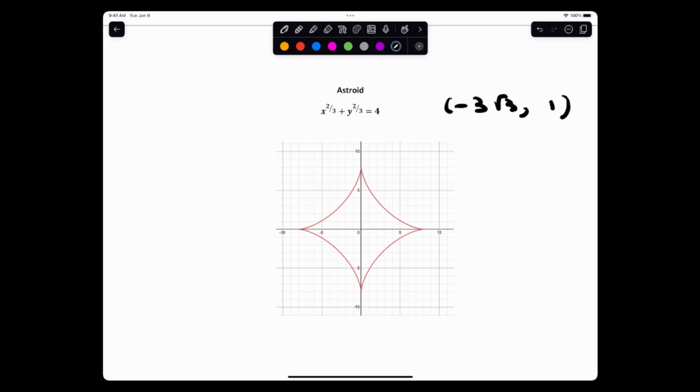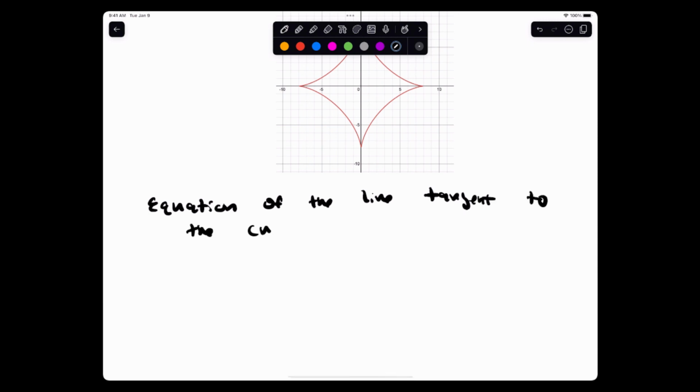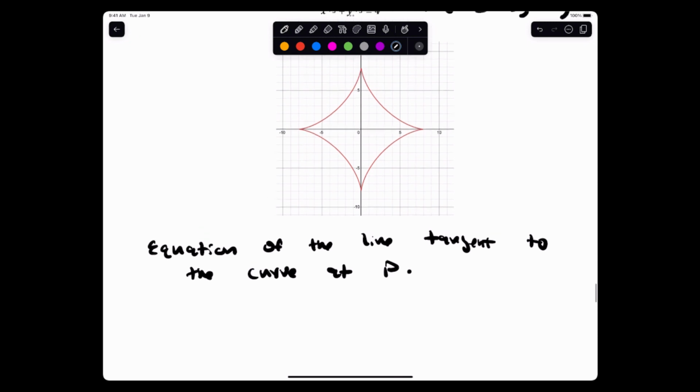In our book, they'll give you a point. Sometimes we call that P. And they're going to want the equation of the line tangent to the curve at that point P. Sometimes they just call it P.